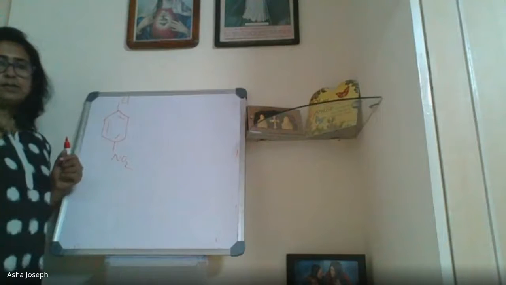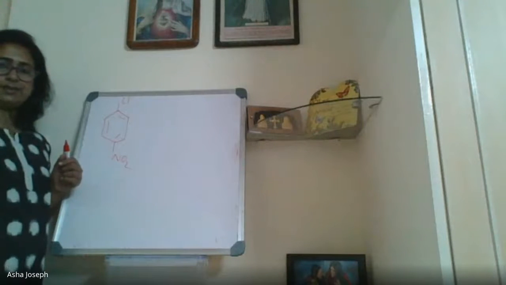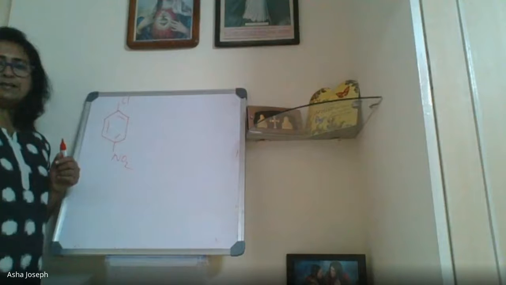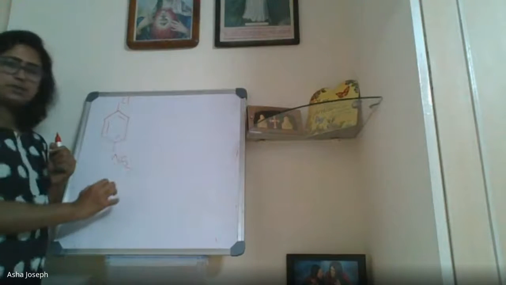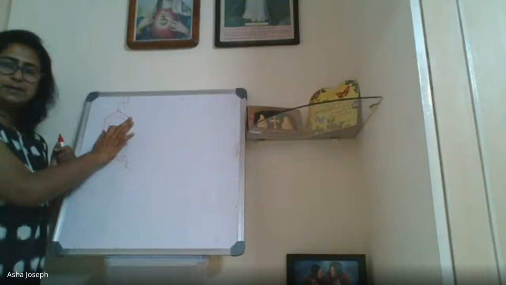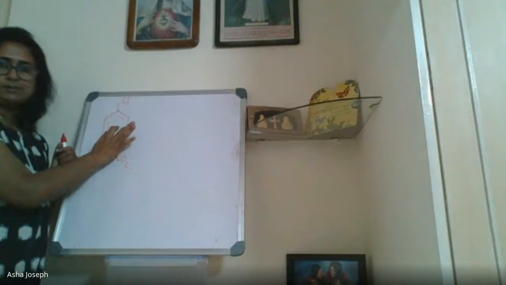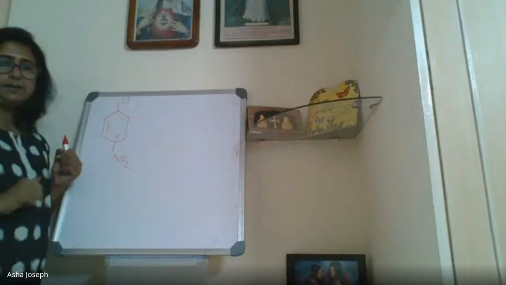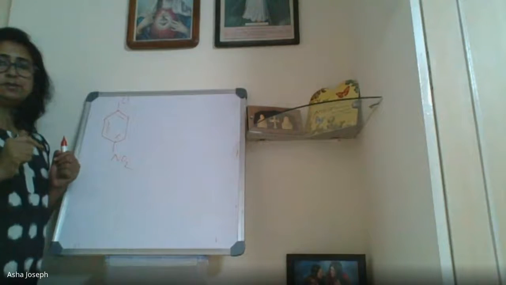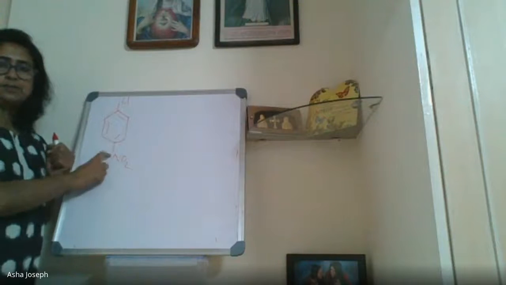And our topic is nucleophilic substitution reaction. Nucleophiles are nucleus loving, positive charge. If this group withdraws electrons, then the benzene ring becomes less electron rich. So will the nucleophilic substitution reaction take place faster or slower if this group is present?